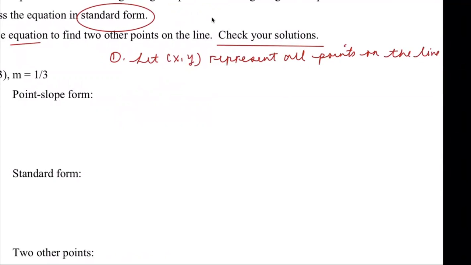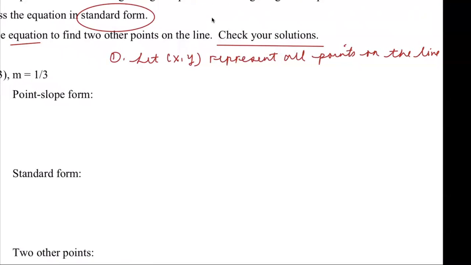We've talked about this: this xy represents all points on the straight line. It's a generalized form of all the coordinates of the points on the straight line.